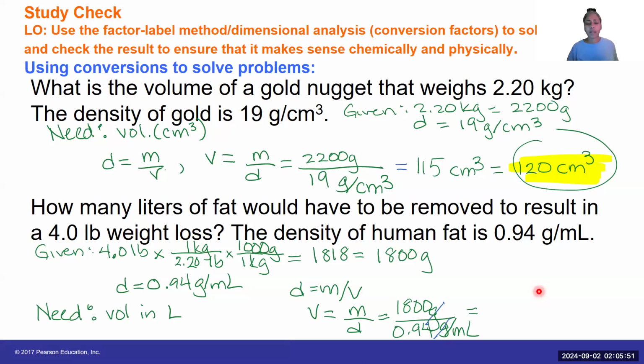And we end up with 1,914 milliliters. Well, remember, we had to round off our first amount to 2 significant figures.